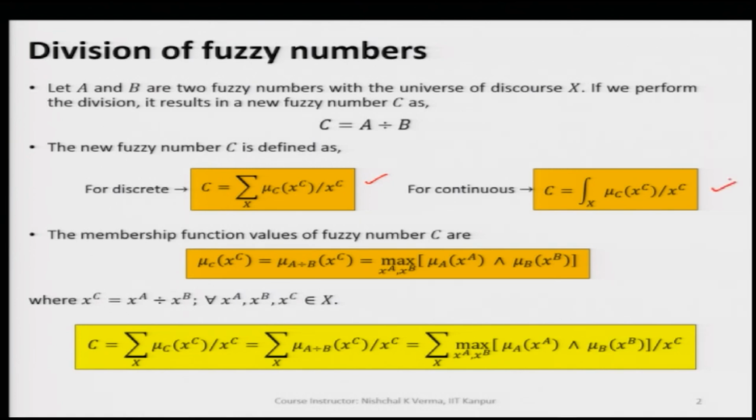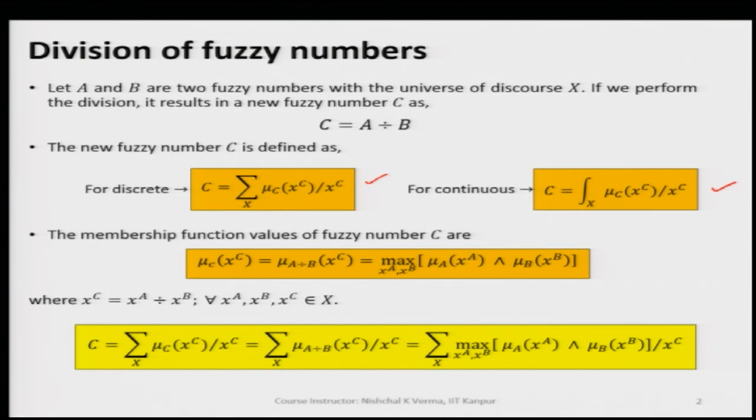Now, when we divide a fuzzy number A by another fuzzy number B, we get a resultant which is again a fuzzy set.